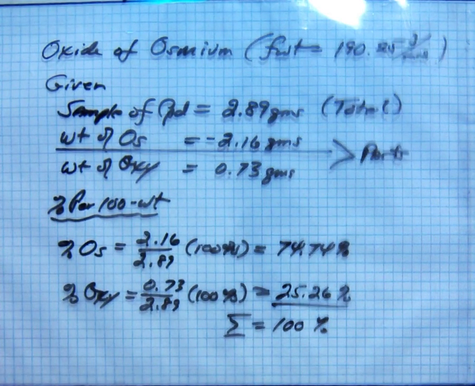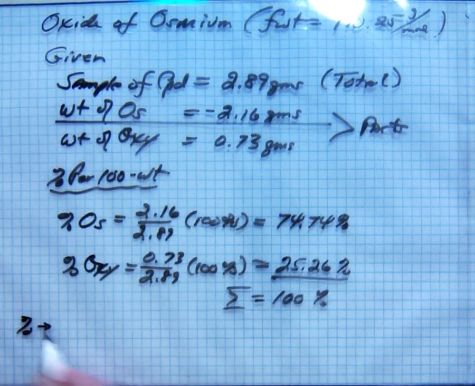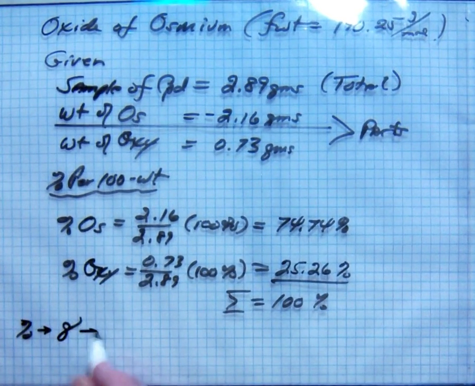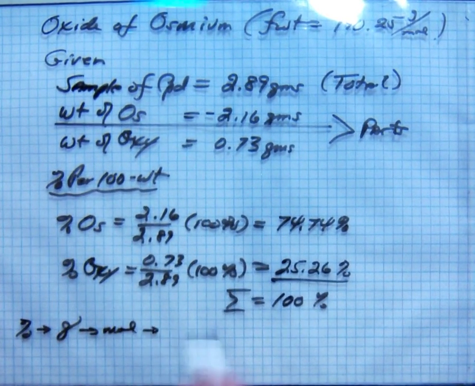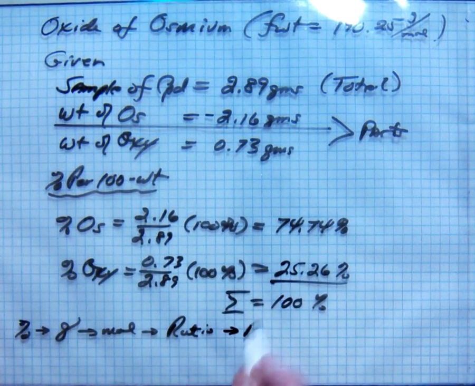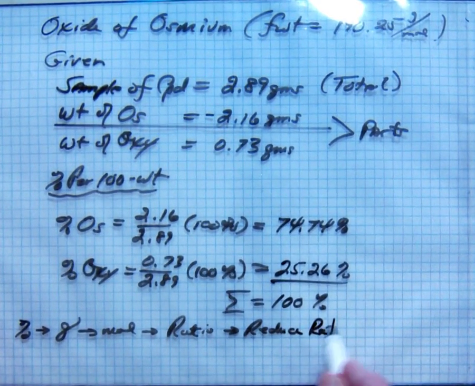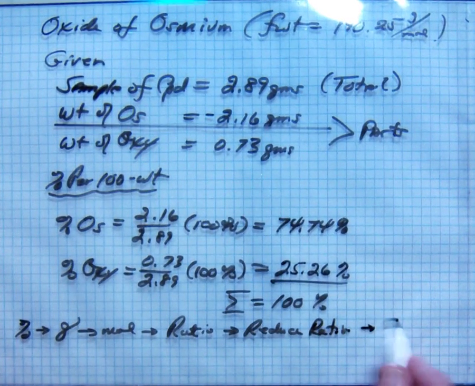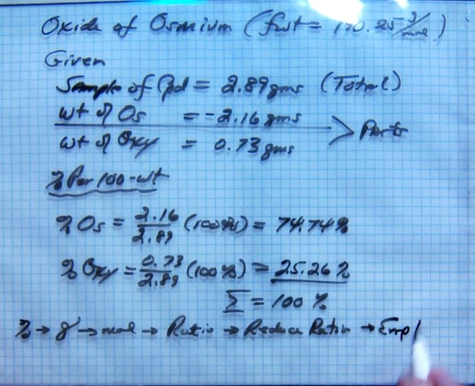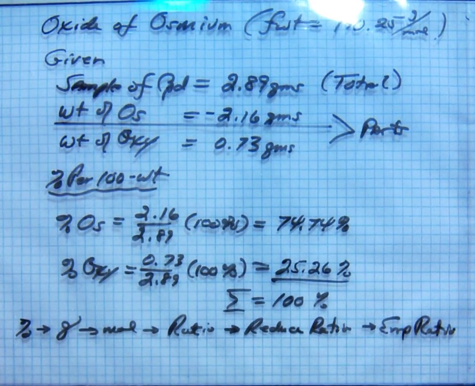And once this is obtained, then you want to go through the sequence: percent to grams to moles, set up a ratio, I'll show you that in a minute, reduce your ratio. This will give you your empirical ratio, and then you can write your empirical formula from that. Okay, let's move this up a little bit.